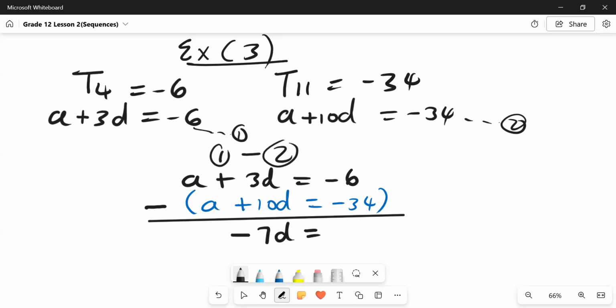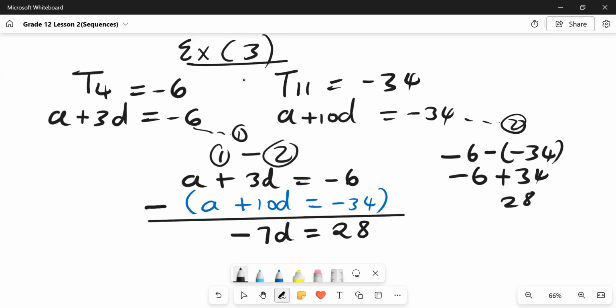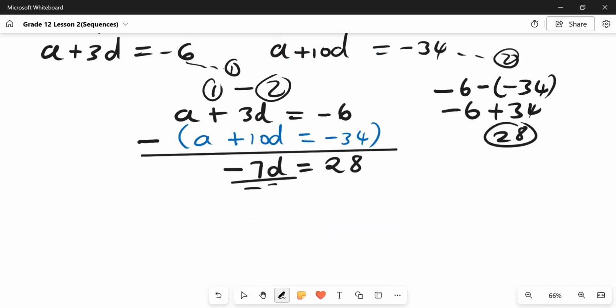That's positive 28. Same as saying minus 6 plus 34, which is 28. And then let's from here divide both sides by negative 7. Now your D is equals to minus 4.